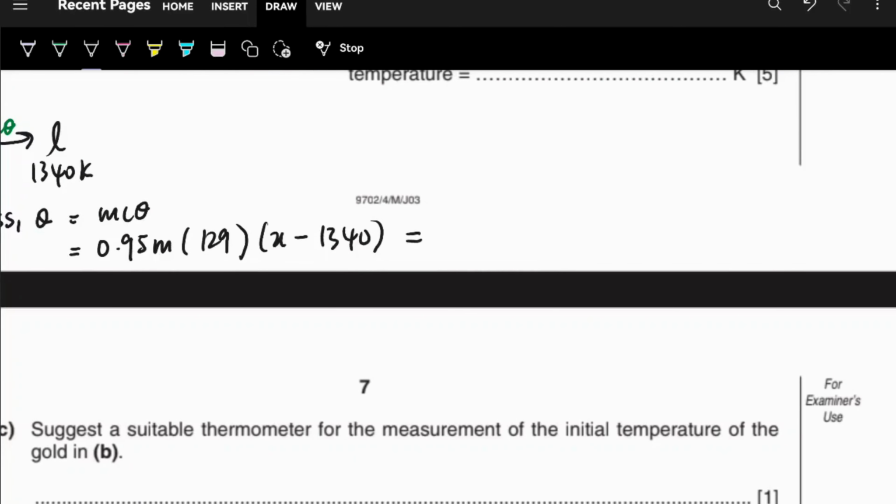And therefore, you will get 122.55 M, X minus 1340. Let me just double check this. Wait, 0.95. Actually, it's 122.55. Better put both decimals, 2 decimal places. Then you get a better answer.